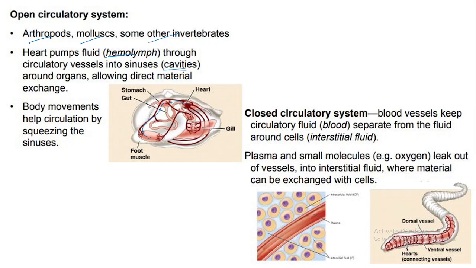All right. Closed circulatory system. Blood vessels keep the circulatory fluid separate from the interstitial fluid. Plasma and small molecules like oxygen leak out of the vessels into the interstitial fluid, where the materials can be exchanged with the cells.